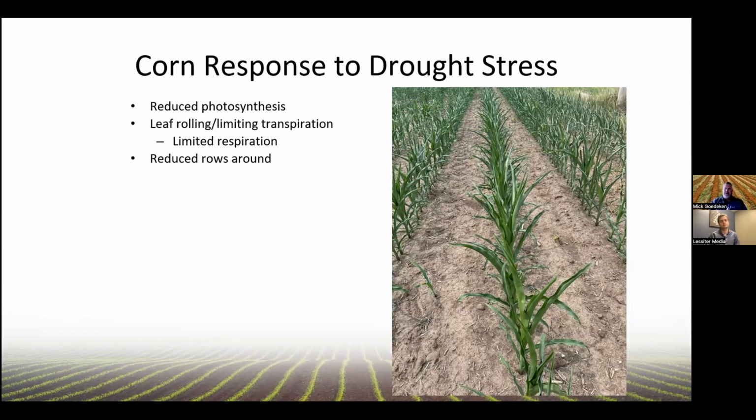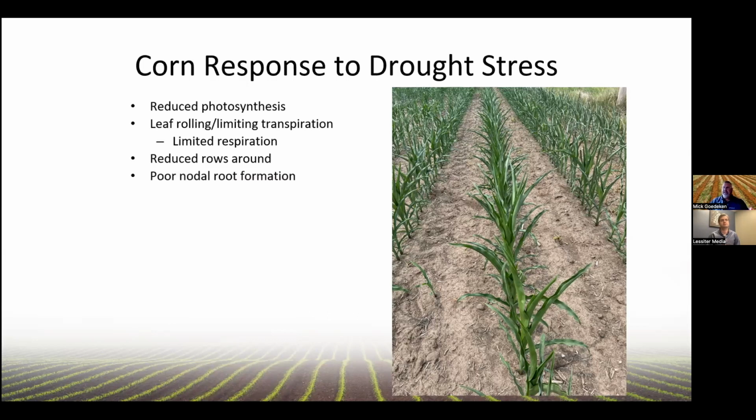But if we have drought stress, we can see those reduced down. And so maybe a corn plant that typically would put 16 around is going to put 12 around. And that certainly is going to affect yield. There's other factors that go into that determination of rows around, but the drought stress can affect that.